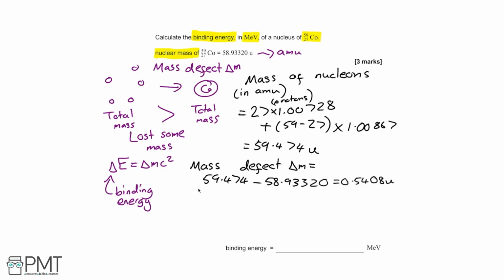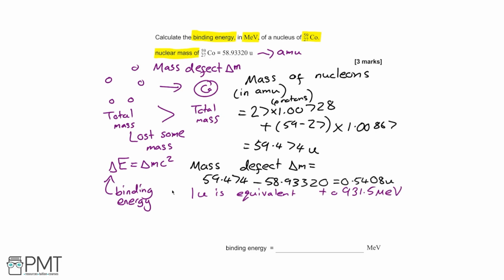From here, we need to convert this mass into an equivalent energy in megaelectron volts. Luckily, there is a conversion given on the datasheet for this. Specifically, we can use the fact that one atomic mass unit is equivalent to 931.5 megaelectron volts.